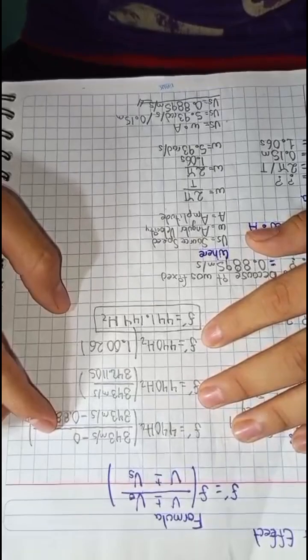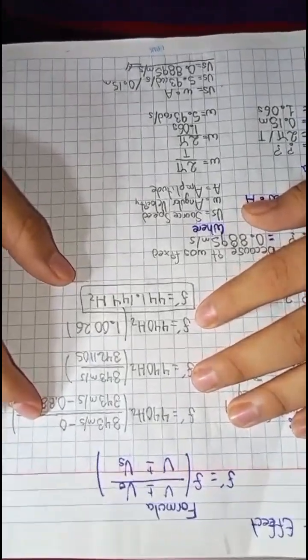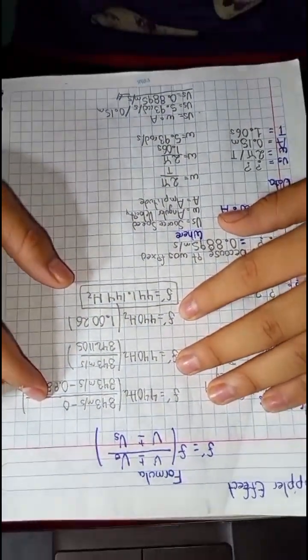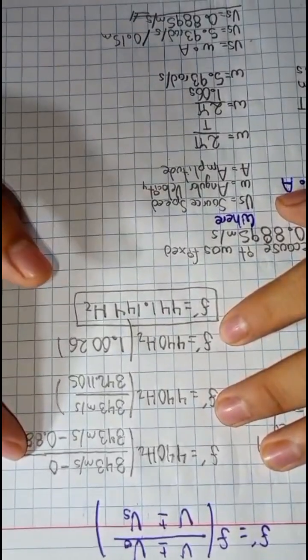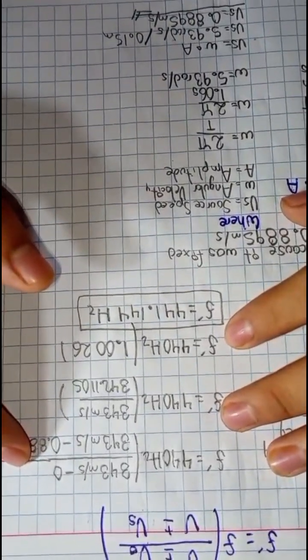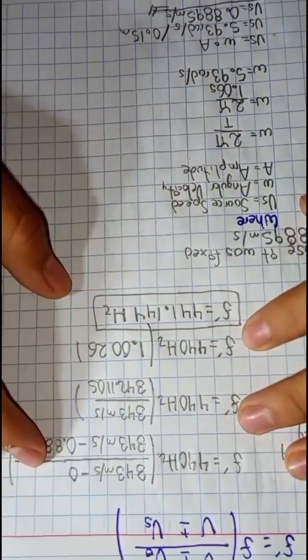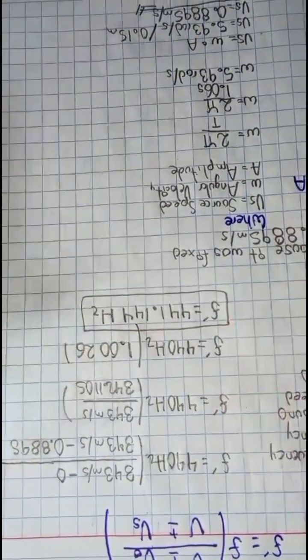Finally, we multiply the result by the emitted frequency of 440, and we get a perceived frequency of approximately 441.15 Hz. This shows how the motion of the pendulum causes a change in the frequency perceived by the observer, demonstrating in a practical way the Doppler effect.